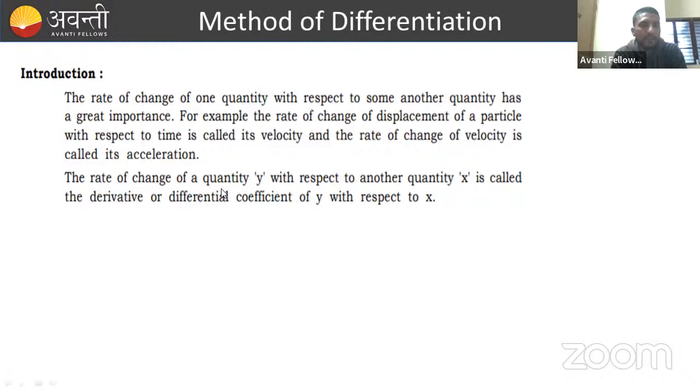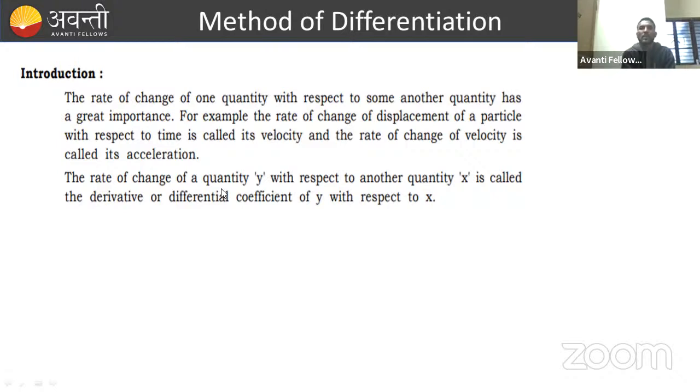I will just simply explain the simple thing, because method of differentiation is very easy, right? What we are going to do is simply the differentiation. You already know it from 11th class, because in physics you were always doing differentiation, so you already have some idea about the basic formulas you need to know. Differentiation is nothing but the rate of change of one quantity with respect to another quantity, dy by dx.